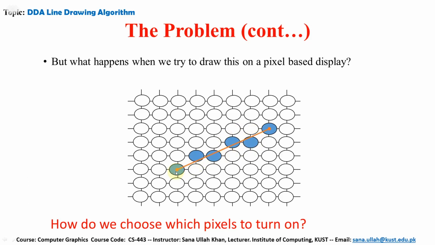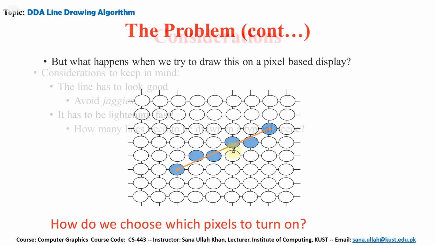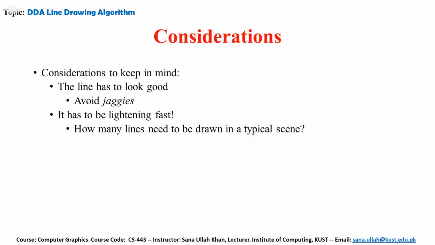How is the line drawn from this pixel to this one? This is the problem: how do we choose which pixel to turn on? This one or this one, this one or this one? It is a big problem. So our consideration, when we want to develop a line drawing algorithm, is that the line has to look good, without jogs.